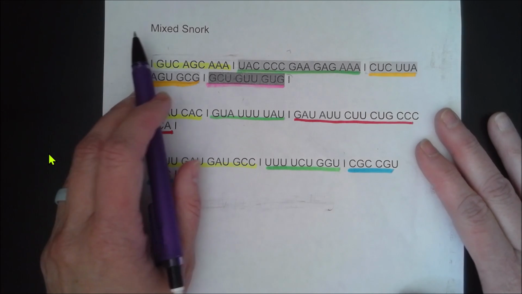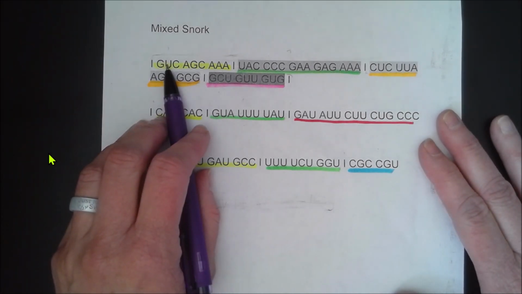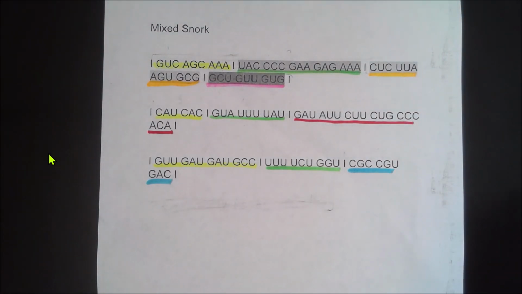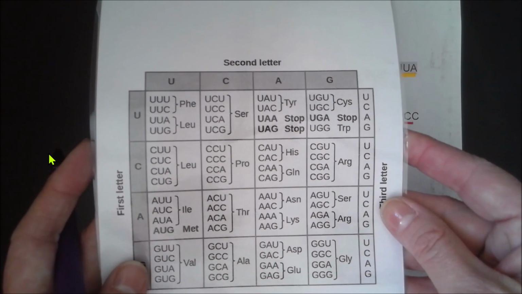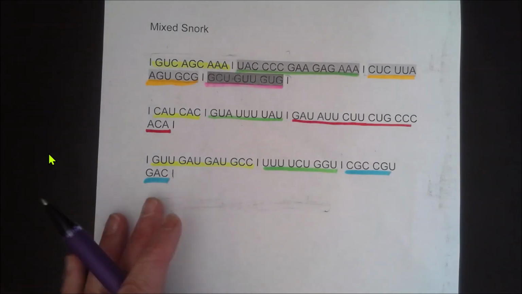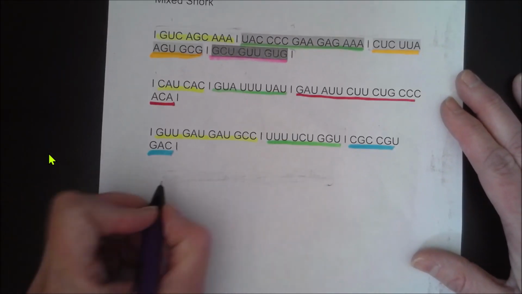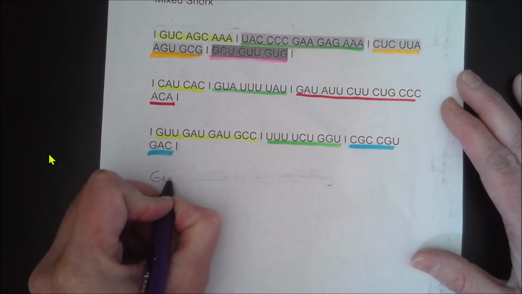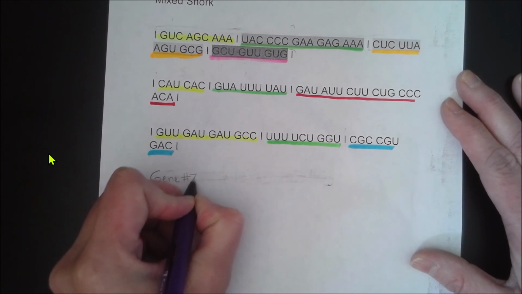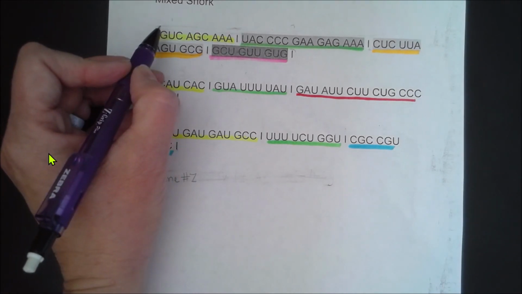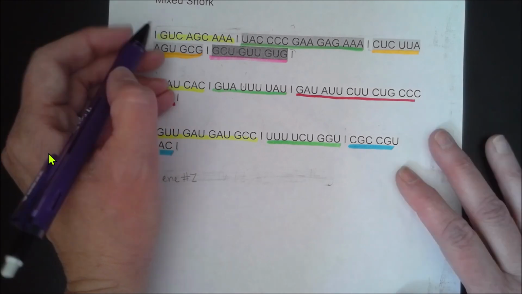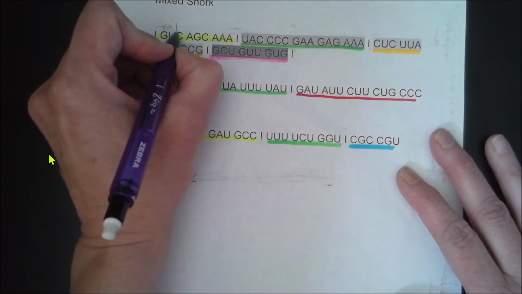So let's look at our gene number 1. GUC-AGG-AAA. You will need a codon chart or codon wheel, whichever one you need to use, okay? Let's look at GUC. What I found the easiest thing to do is look up here. Like I said, give yourself enough room. This codes for VAL.